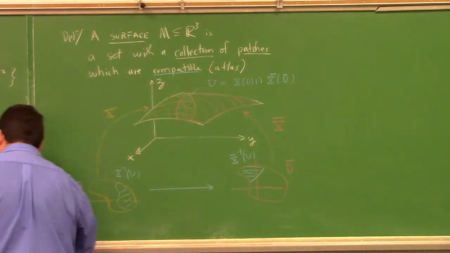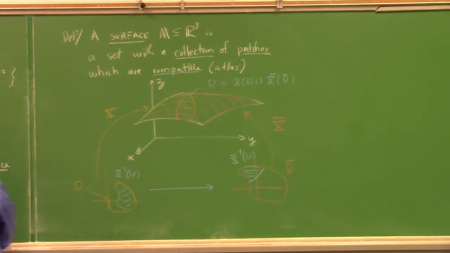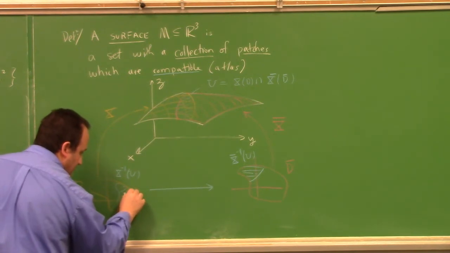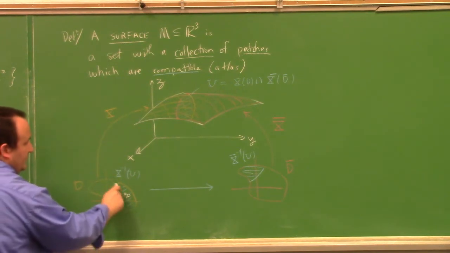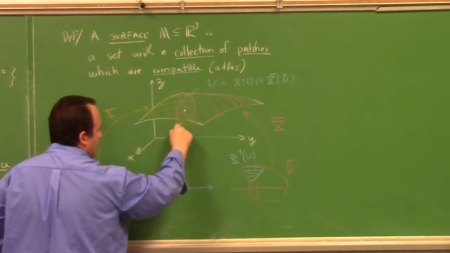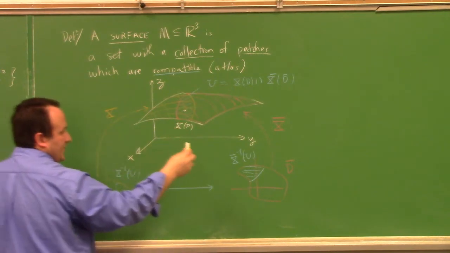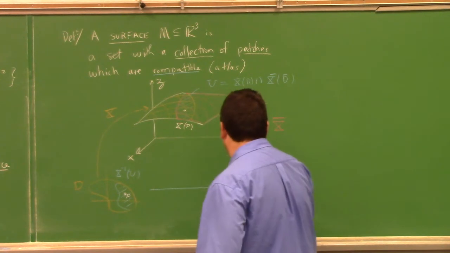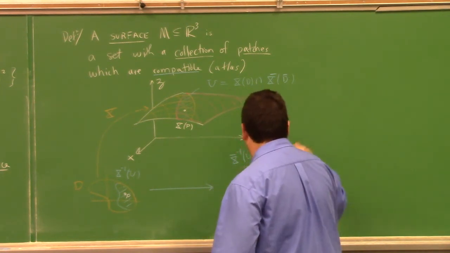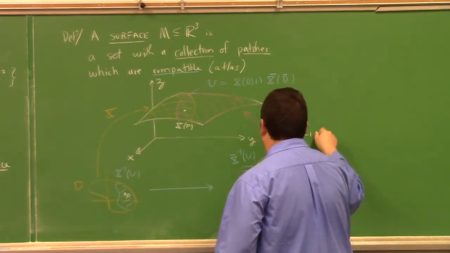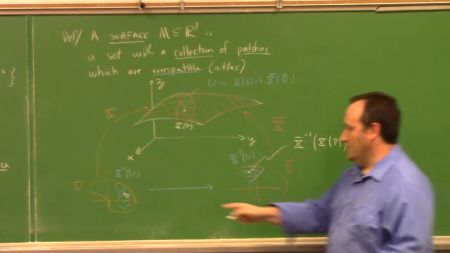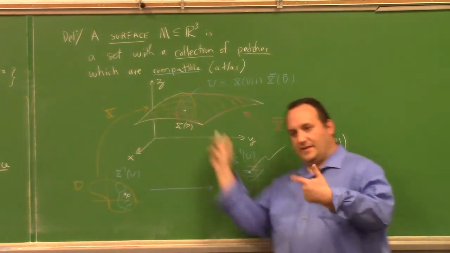Basically, to tell you the story of the point, if this is the point right here, let me call it P, it maps up here to x of P, and then back down here to where it goes, so that would be x bar inverse of x of P. So you can follow a point back again.